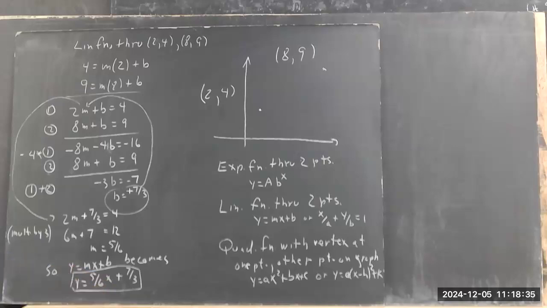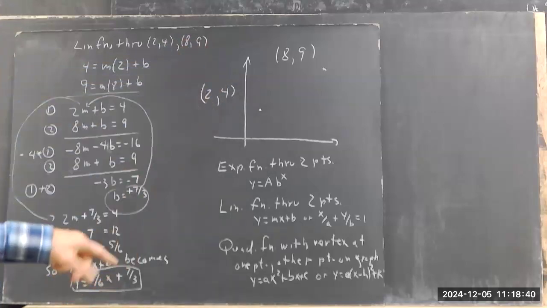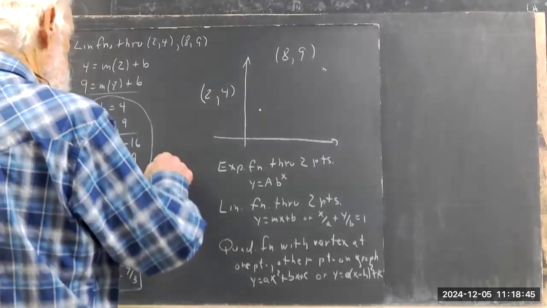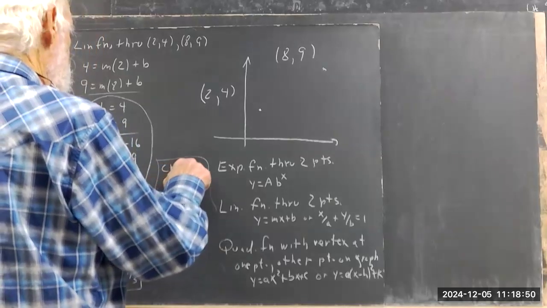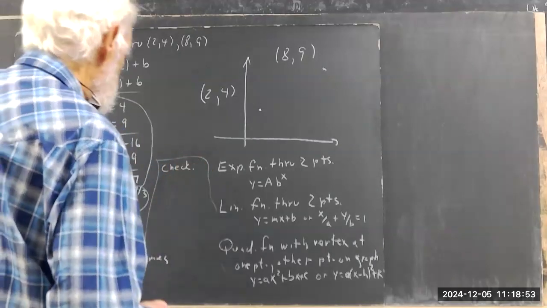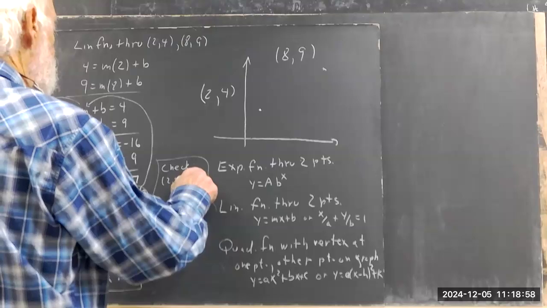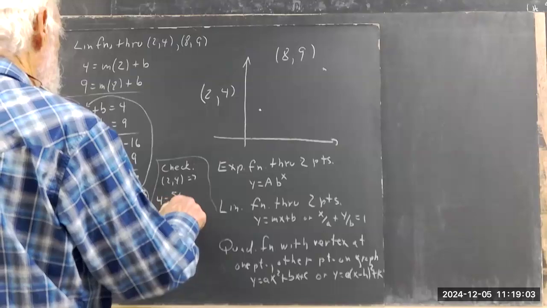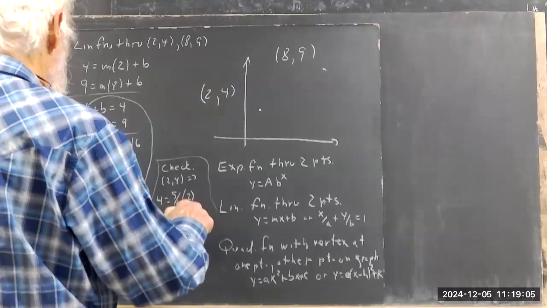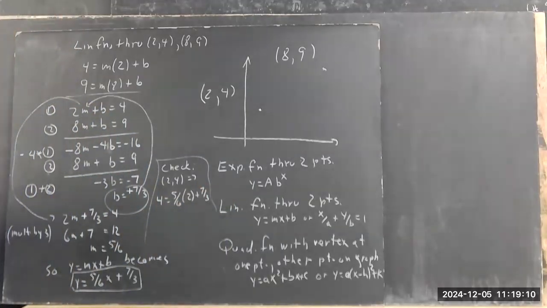Now we could check this. We could substitute the coordinates of the first point into this and see if we get an identity. So we do that. I don't have a lot of room here, but I'm going to check my solution over here. Okay. Point (2, 4) means that 4 should equal 5/6 of 2 plus 7/3.